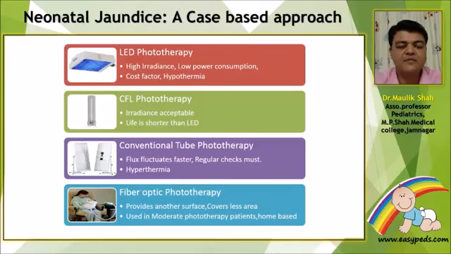Here, the phototherapy is like a wrapped blanket. It is wrapped around the newborn and this can be utilized at home. However, it provides another surface but covers less area. So, it can be only used for moderate levels of bilirubin and not for those who require intensive phototherapy.